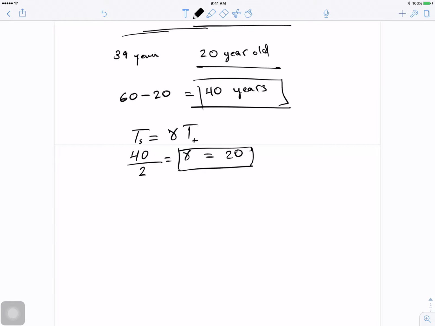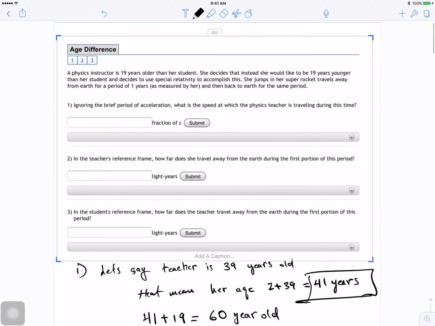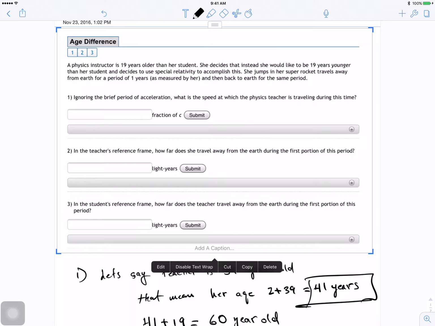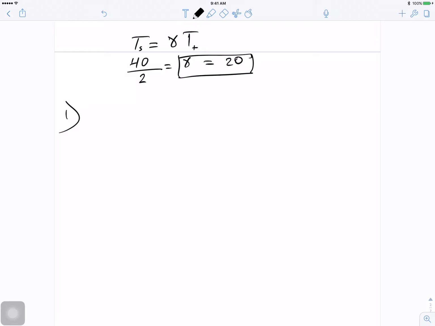Going back to number 1, they're asking, ignoring the brief period of acceleration, what's the speed at which the physics teacher is traveling during this time? They want the speed at which the physics teacher is traveling to accomplish being 19 years younger than her student.